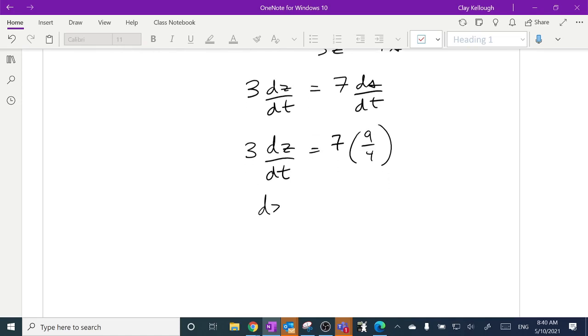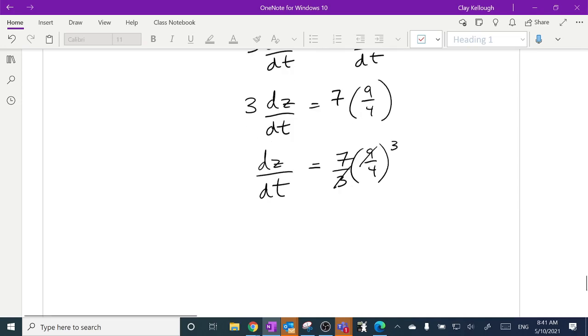So my dz by dt is going to be 7 times 9/4, and I'm dividing both sides of the equation by 3, so that makes that a 3. And I get 21 quarters, might as well make that a decimal again, 5.25 feet per second.